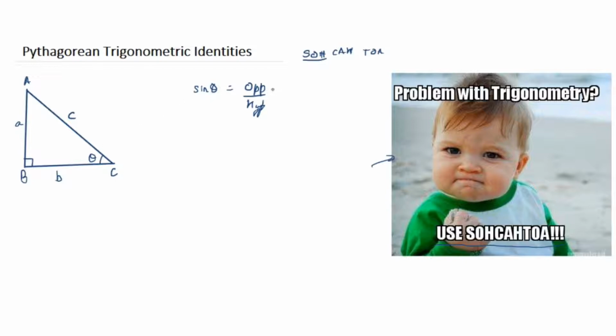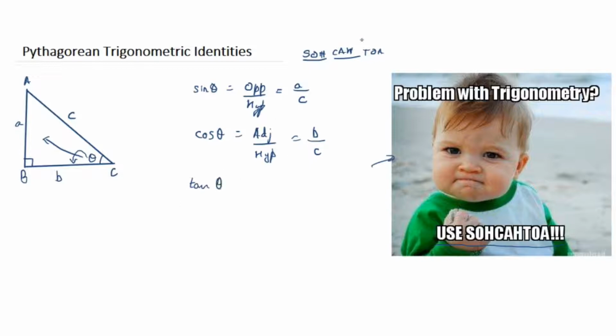Opposite is the side which is opposite to the angle theta, which happens to be A, and hypotenuse we know is C. So sine theta in this triangle is A over C. Similarly, cos theta according to CAH is going to be adjacent over hypotenuse. Again, the angle given, theta, is here. The side adjacent to that is B, and over the hypotenuse. Hypotenuse is always the longest side, which is C.